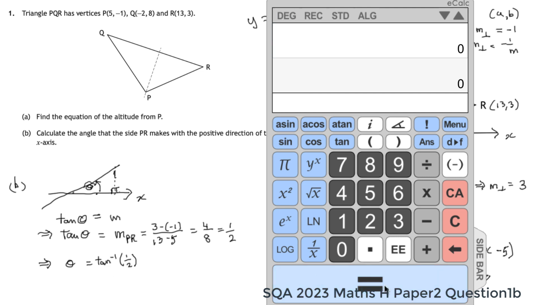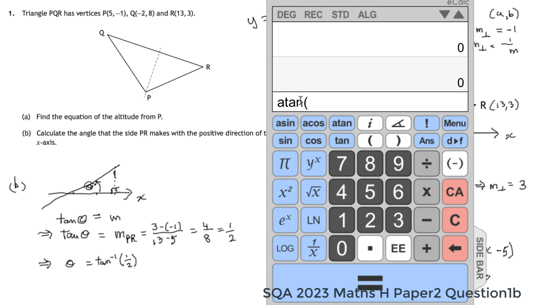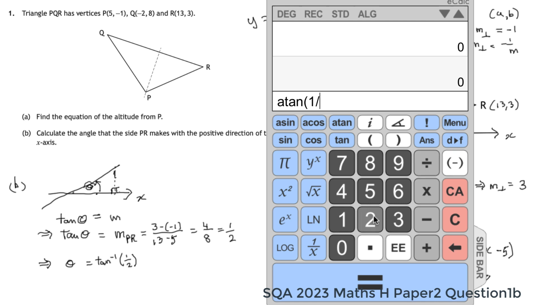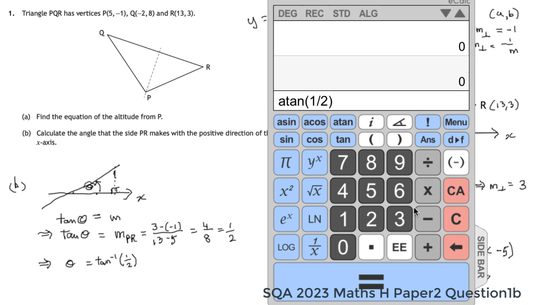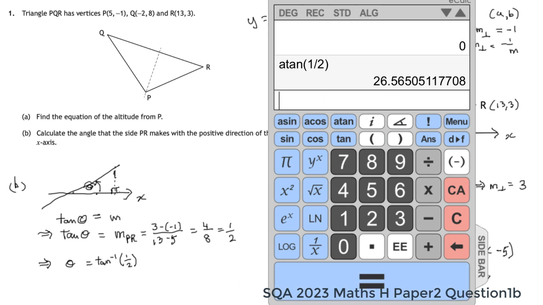And tan to the minus 1 of 1/2. And my calculator, that's arctan or atan. Yours will probably be tan to the minus 1, which is the most common one. So the angle whose tangent is 1/2 is equal to, and there's the answer.